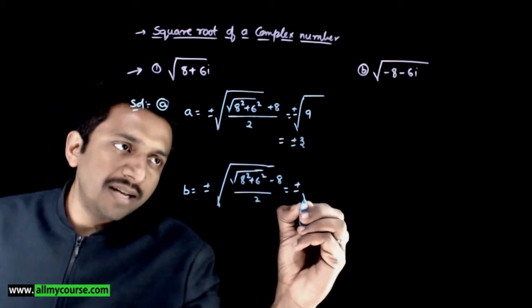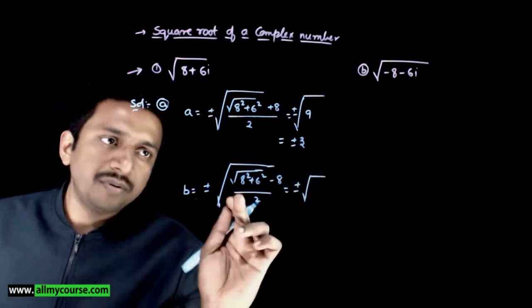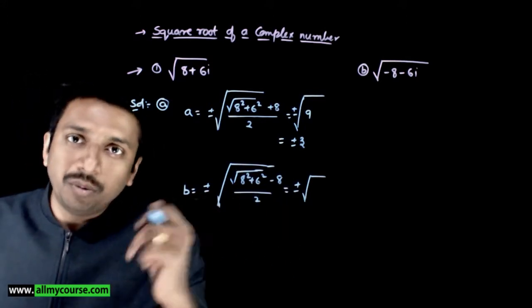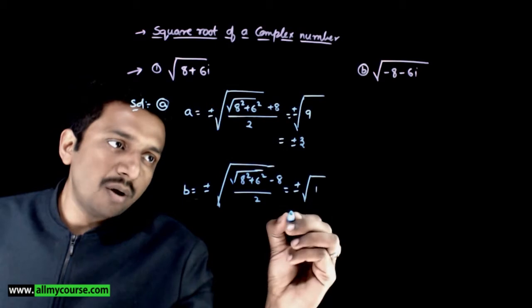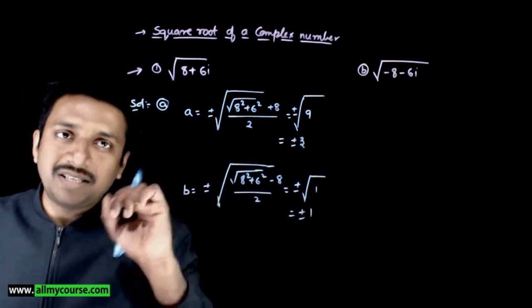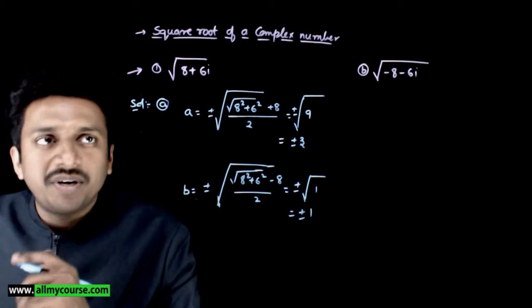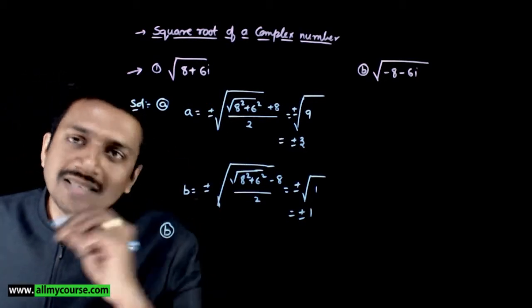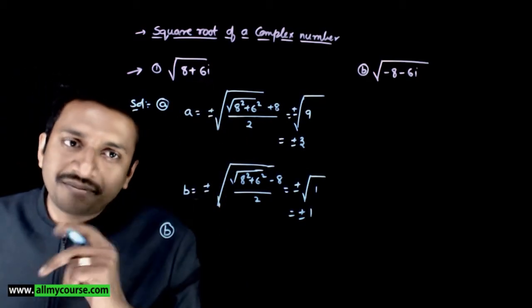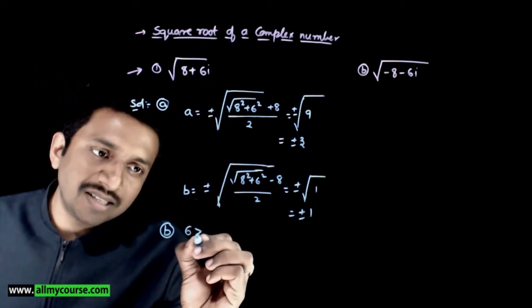That is equal to plus or minus square root of (10 minus 8, which is 2) by 2, which is 1. So square root of 1 is equal to plus or minus 1. This is the first step. Once you find a and b, the first step is completed. Next, the second step is to check whether the imaginary part is positive or negative. So the imaginary part 6 is greater than 0.